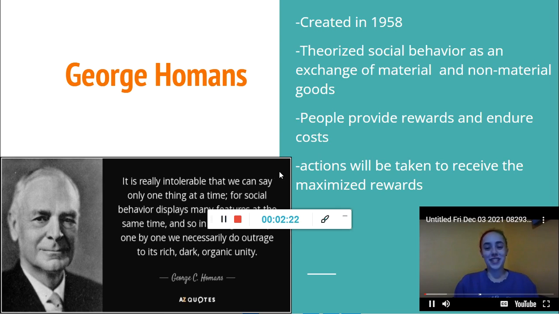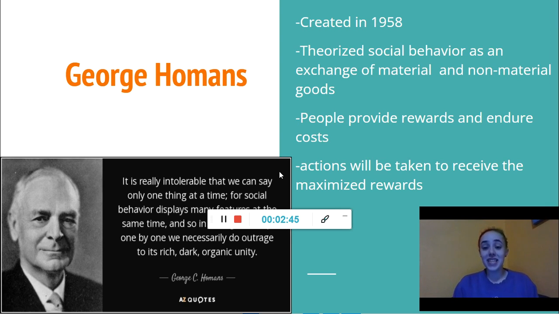George Homans was a sociologist. His theory was first brought to life in an essay called Social Behavior as Exchange. This essay took place in 1958. He first was under the impression that any society, community, or group was best seen as a social system. He deemed the best way to study this social system was to first look at the individual behavior.